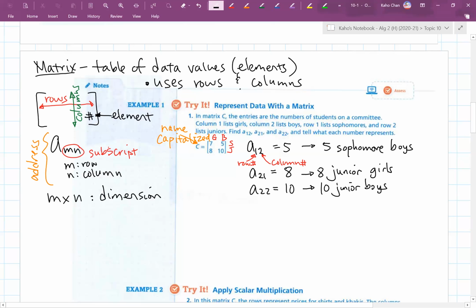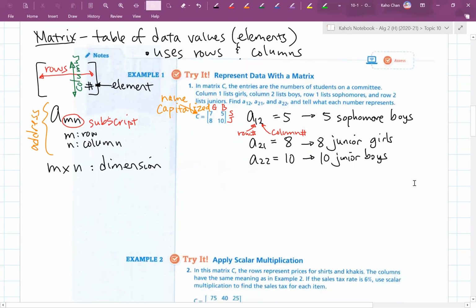I wanted to fit in, because we have a little space here, some vocabulary that you might run across in this section and this chapter. Sometimes they refer to equal matrices. What does it mean to have equal matrices? It literally means they have the same dimension, the number of rows and the number of columns equal to each other.